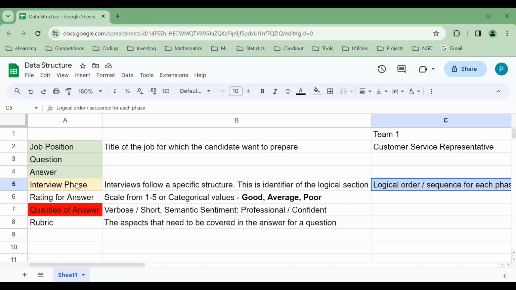The sequence will tell 1, 2, 3, and so on, so it will order the questions, and the interview phase will be available. When it comes to the evaluation part, it is going to know what answers were collected. When a candidate gives an answer, that is stored in the answer column of the data frame. So when doing the evaluation, we are going to parse each of the answers.